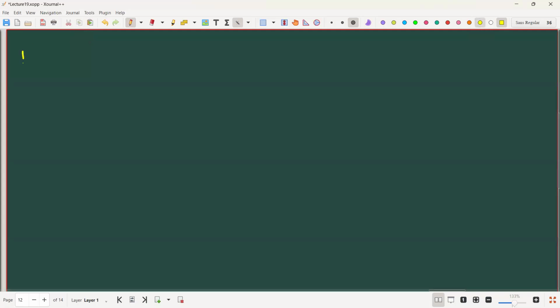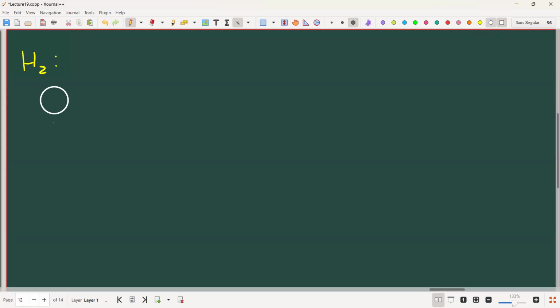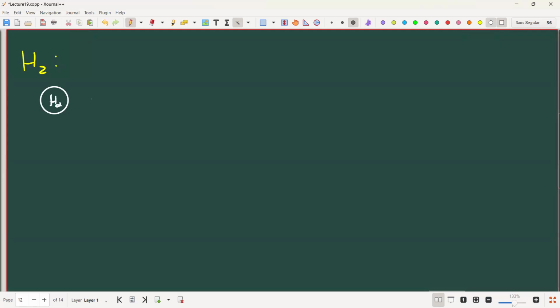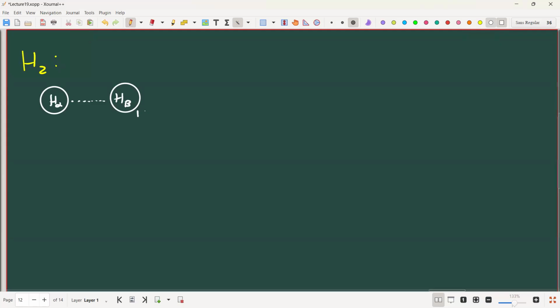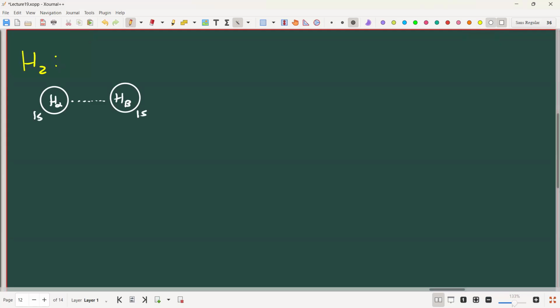All right, so let's look at H2. We have 2 atoms, HA and HB, and they're both in the 1s orbital. Just regular hydrogens. What would the wave functions or the R squareds look like? What would the probability densities along the R direction look like here?